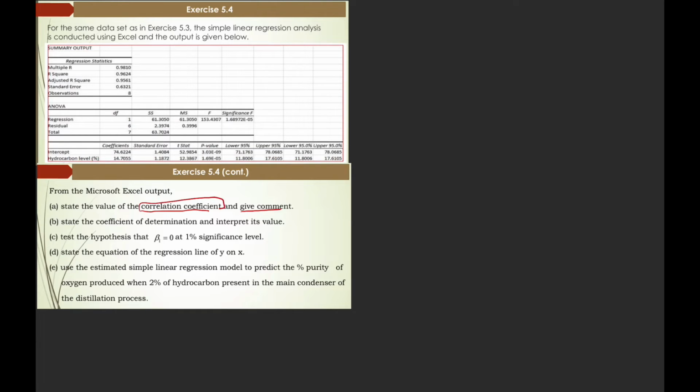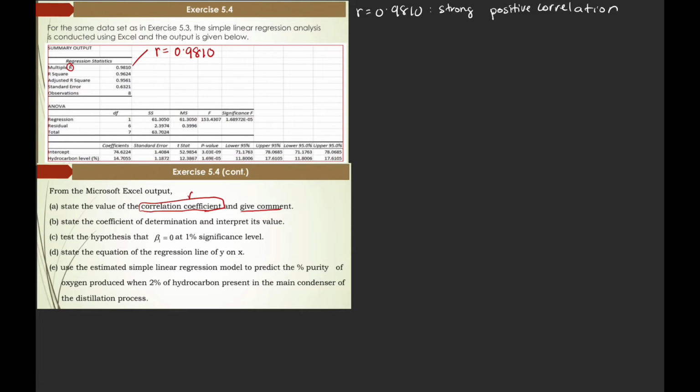The correlation coefficient is R. So Multiple R is your R. R is equal to 0.9810. Interpret R: R equals 0.9810 means a strong positive correlation.